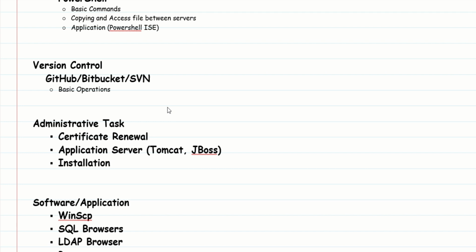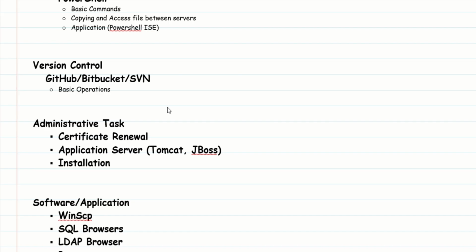Then you need to understand about the application server. All your IIQ is hosted on the application server itself, like Tomcat, JBoss, and also how to install Tomcat, how to handle the loggers, and how to start and restart.